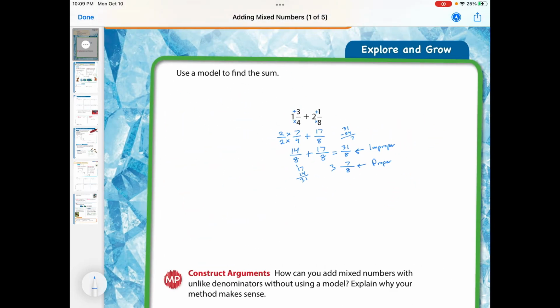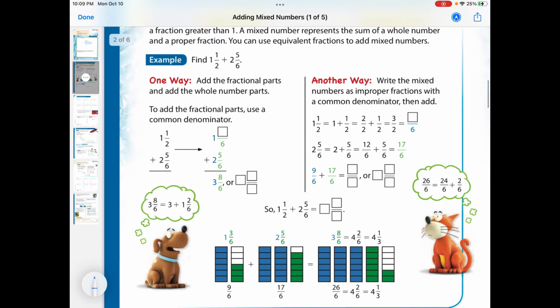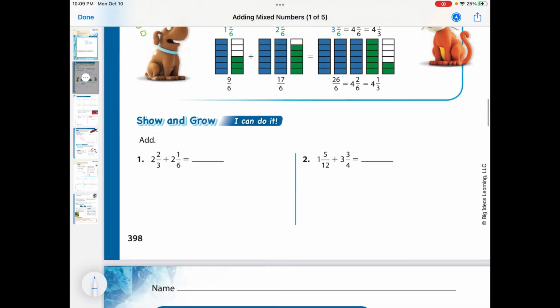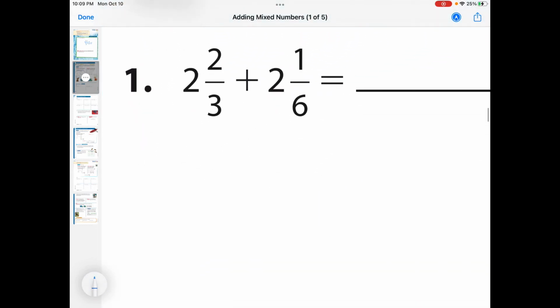All right, let me go ahead and run down and let me do a couple other samples with you. Now, a lot of you guys learned this sample right here back in the 4th grade. So you can work with that if you need to, still the same way. But let's go ahead and run through a couple of samples together here, okay? So, again, working with turning these into improper fractions before we can do the math with them.